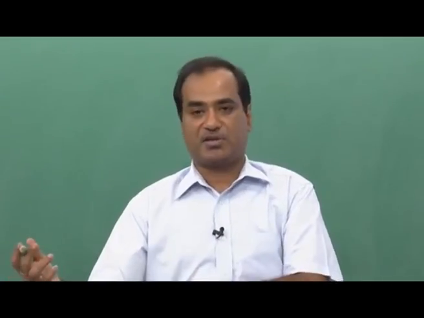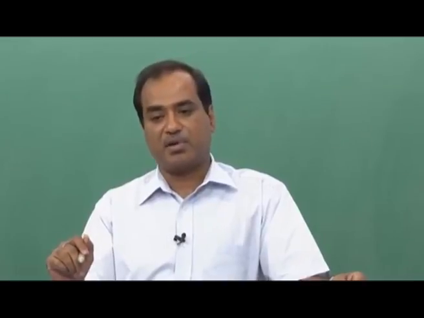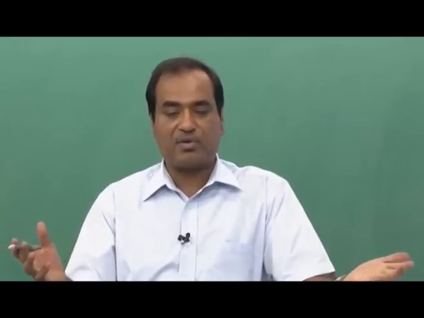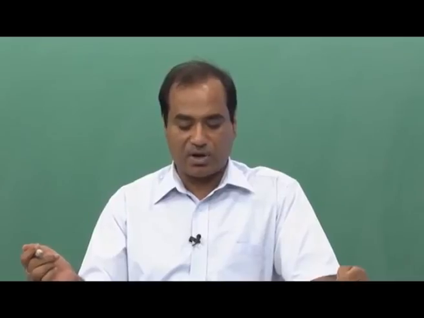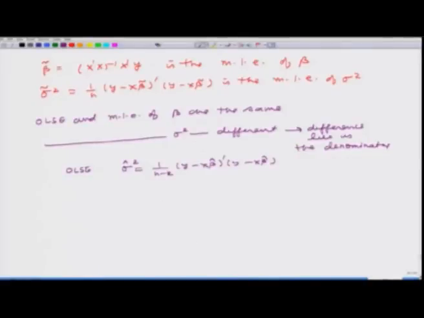That is obvious, since maximum likelihood estimates have the established property that they have the minimum variance. So, whenever we divide the quantity (y minus x beta tilde) transpose (y minus x beta tilde) by n, we are going to get a lower variance.